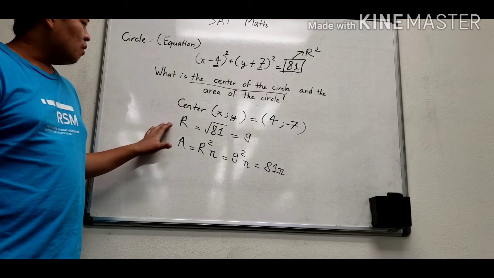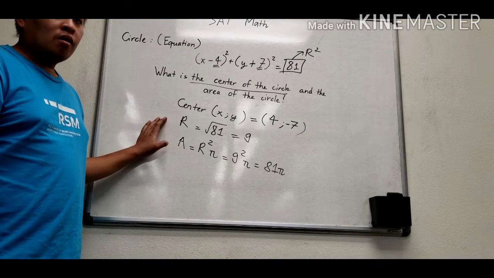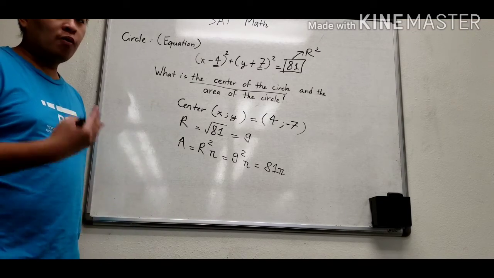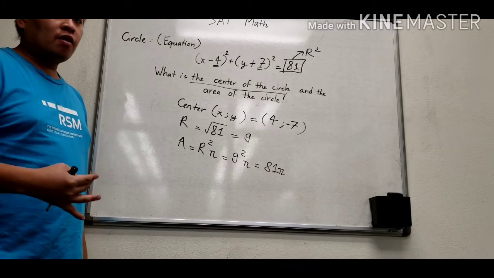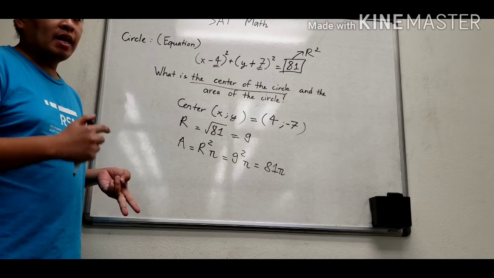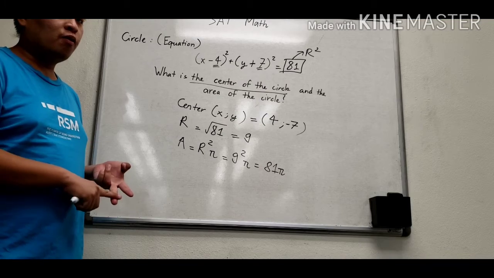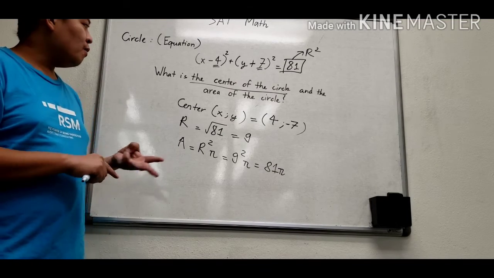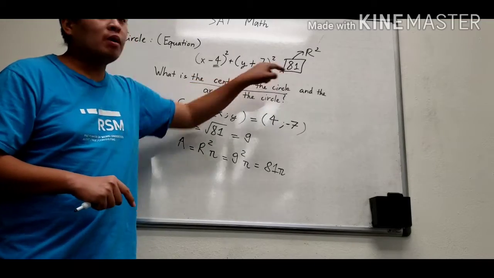That's why we need to learn to find the R without the power 2. This is a good way to remember and practice for all the questions related not only to area, but maybe the circumference, or maybe finding the diameter too.